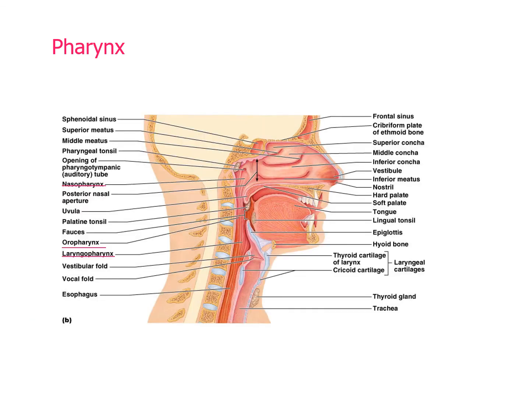It's shown here, and I've underlined them. The nasopharynx is this upper area here, and the oropharynx is further down, and the laryngopharynx is just the last area before you get to the epiglottis, which is a flap that closes when you're swallowing anything.